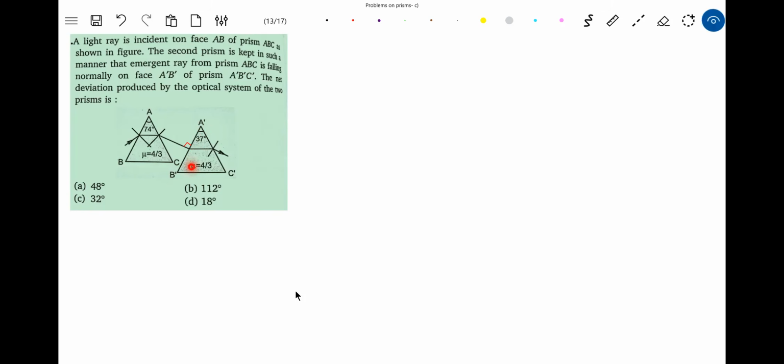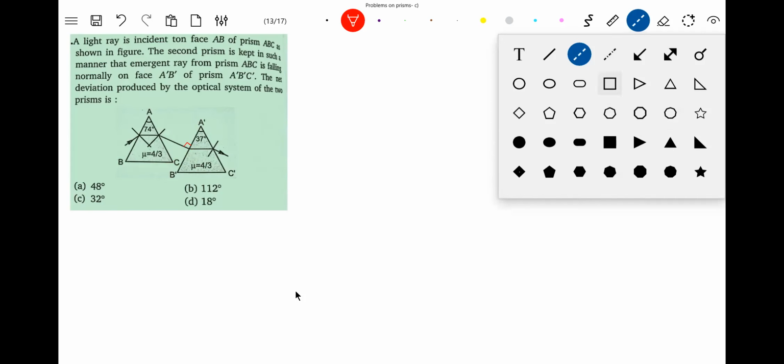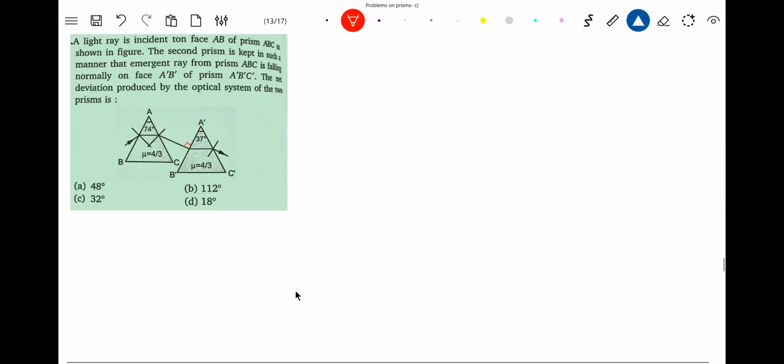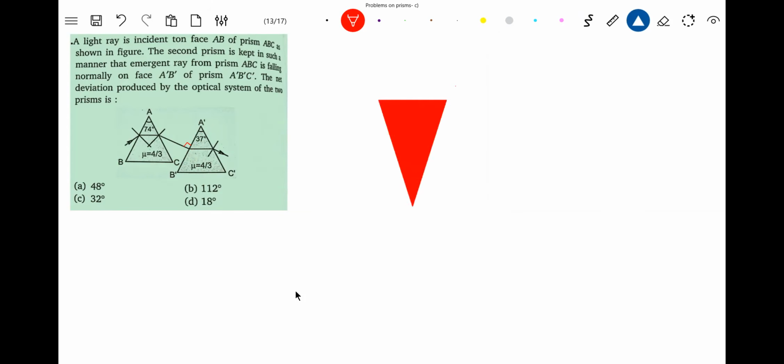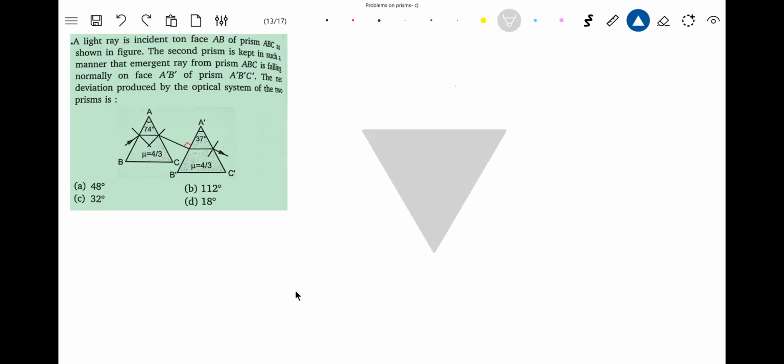This is a very simple problem. Let's see how the light goes. There are basically two prisms. Let me draw the prisms.